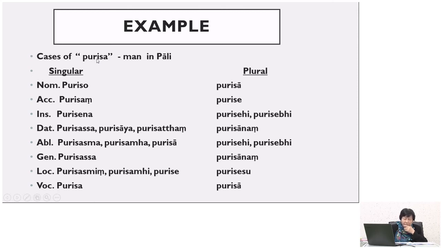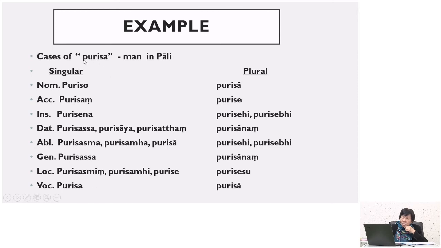Otherwise, if you look at the other words, if the form cannot occur by itself, it must be bound, okay? If it can occur by itself, it can be free. You see, if you just say that, you have the reason why you call Purisa free, because you say that in vocative, Purisa can occur.